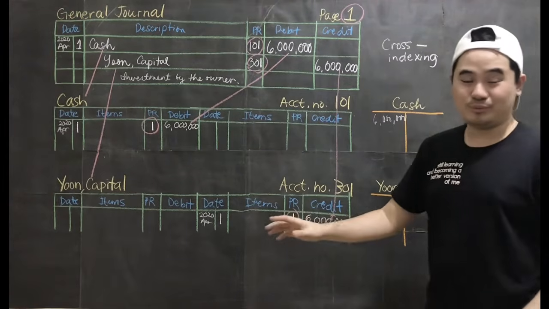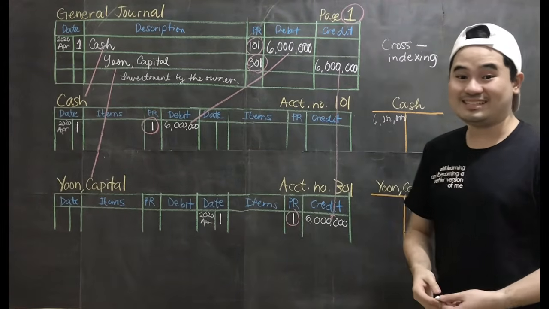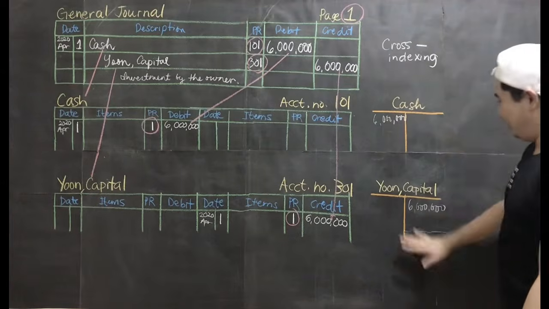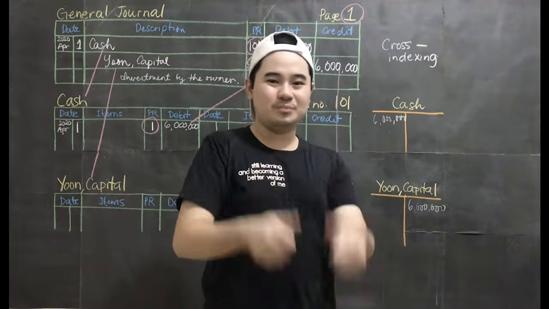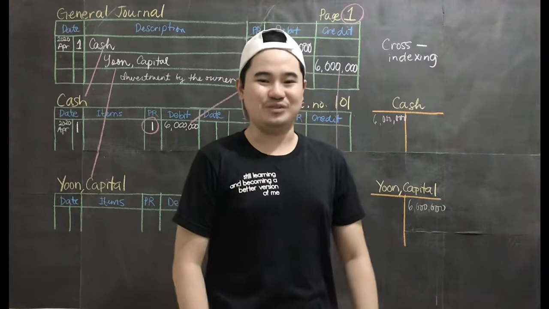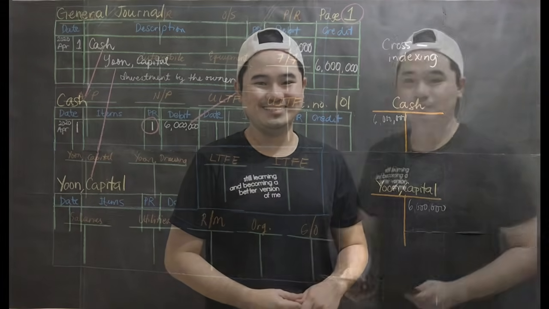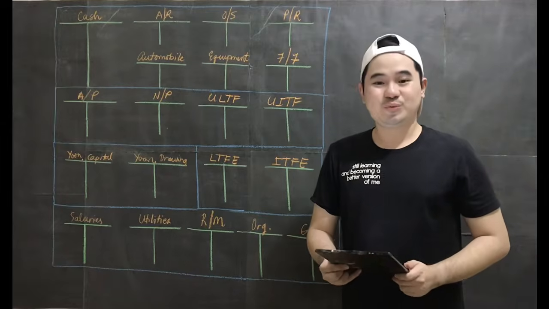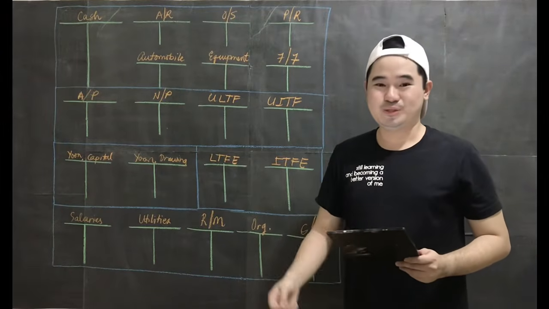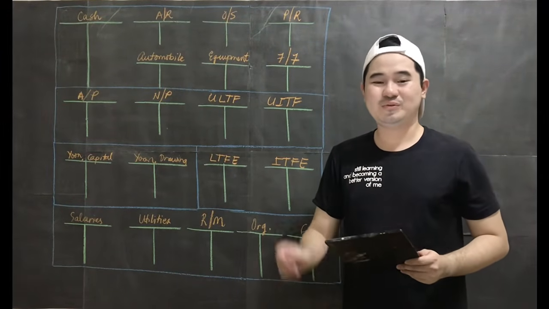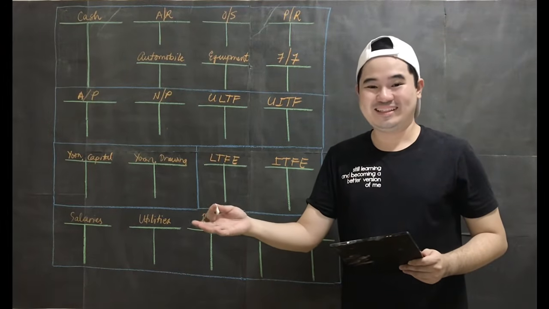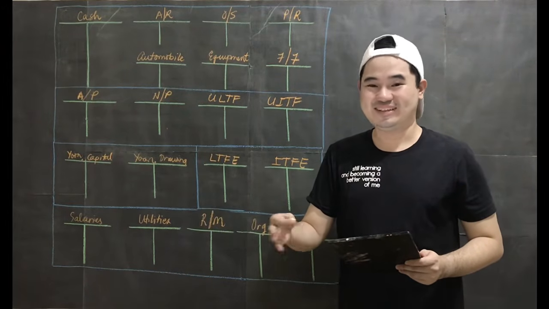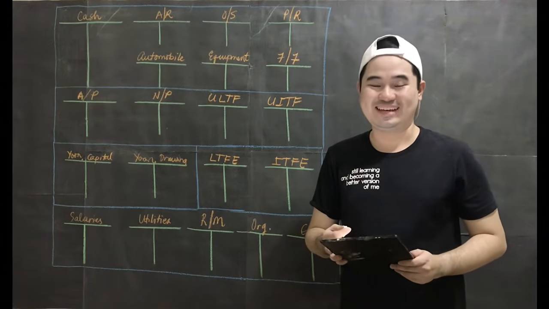So, yung buong proseso ng ginawa nating journalizing, tapos ipopost natin, ganito lang din yung gagawin natin. Okay? So, we are ready to do the posting process for landing on new travel services company. Okay, so we are now ready to start the posting process. Ganun lang gagawin natin. When the account title is in debit, you put it on the debit side. And then, when the account title is in credit, then you put the amount on the credit side. Okay?